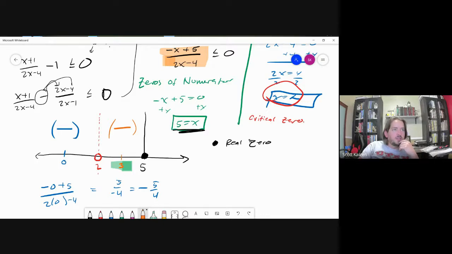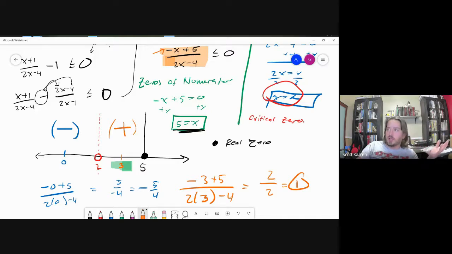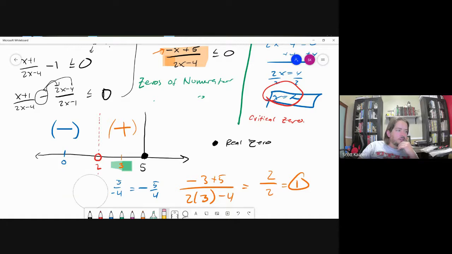I'm plugging in 3 into this thing, so it's negative because there's a negative here. 3 plus 5, and then I carried that negative down, but it doesn't belong there. That's a 3. Minus 4, right? And so this is 2 over 6 minus 4, which is 2. It's 1, but I don't care if it's 1 or a million. It's positive. That's what I want. And then my last one, I'm going to plug in. I'll just get rid of a little work here.